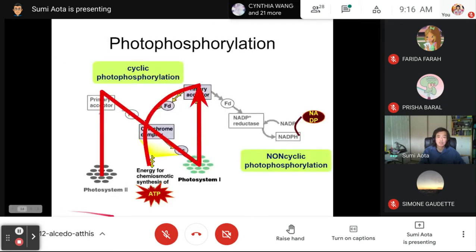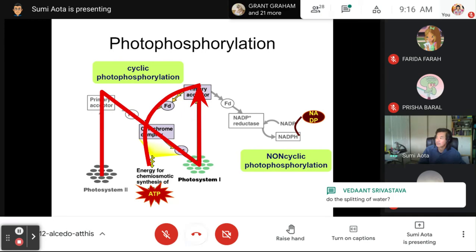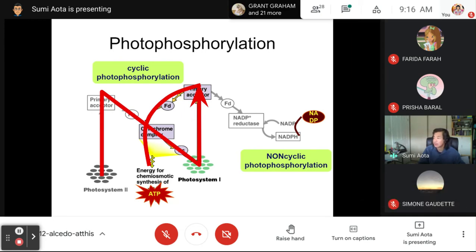Here's a question. If the cell makes excess ATP, what's the plant cell gonna do with that excess ATP? It could do that, but it's just ATP, right? The cell can use it for anything it wants.